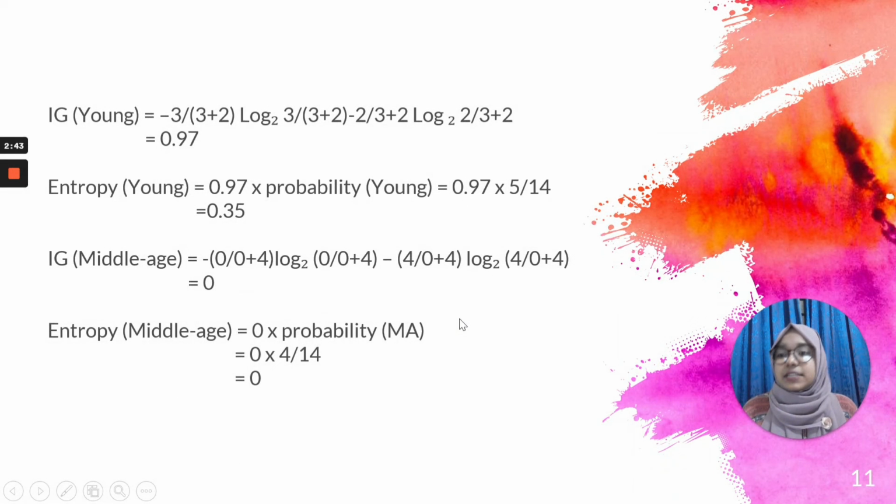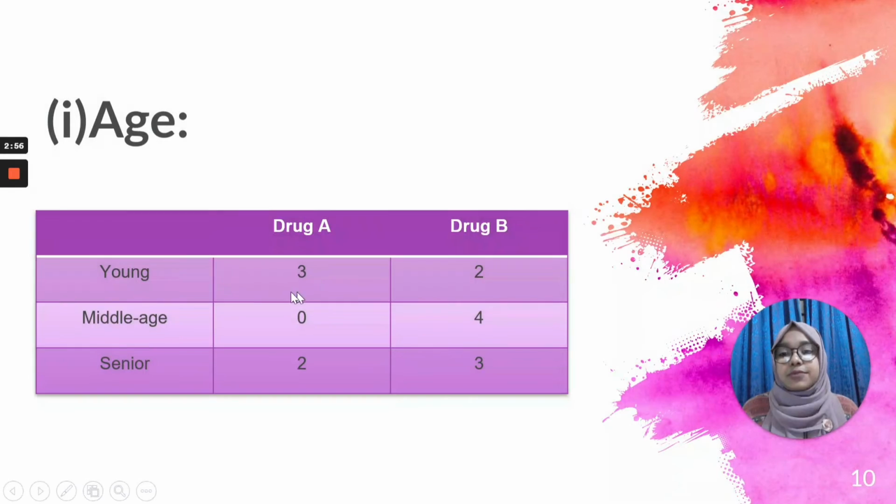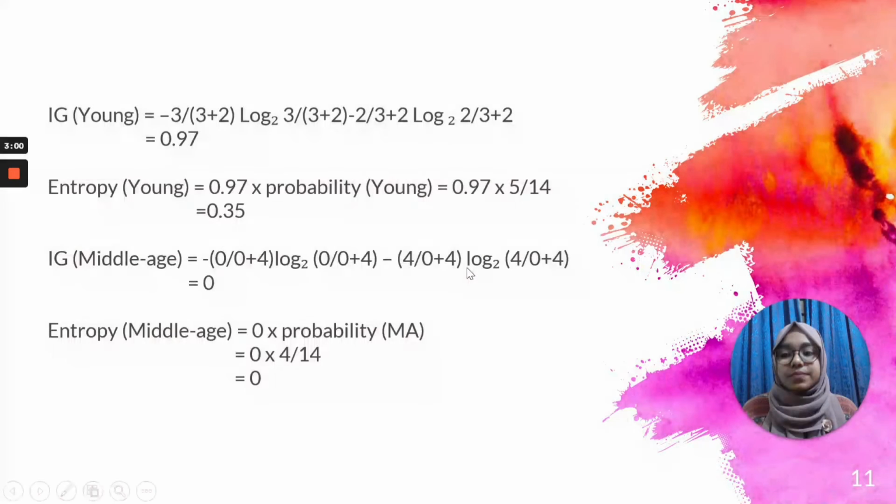Then calculate the IG of young. IG means information gain. So it equals minus 3 by 3 plus 2, and so on. Here 3 comes from here and 2 comes from here. After calculating this, we find 0.97. Then calculate the entropy of young.